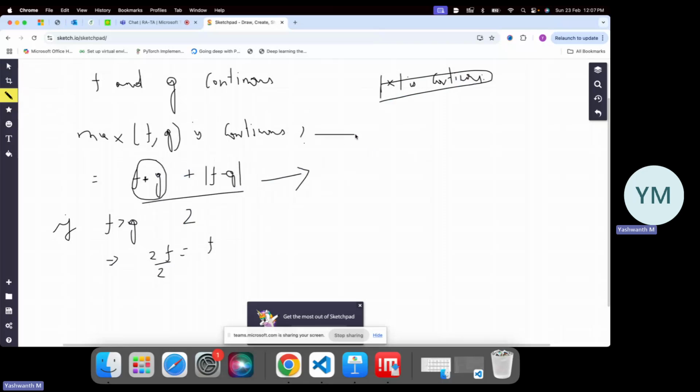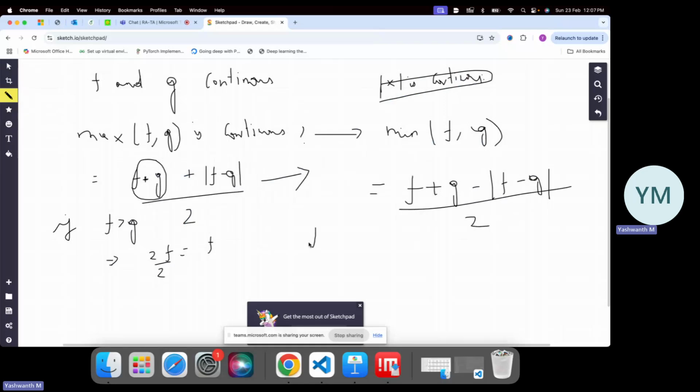Now same thing for min of f comma g. Min of f comma g can be written as f plus g minus mod of f minus g, by 2.